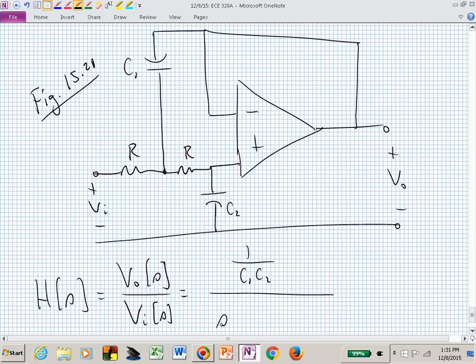The denominator is S squared plus 2 over C1 S plus 1 over C1 C2. And what happened to our resistors? I just went ahead and set those equal to 1. So now we have the ability to adjust these two coefficients in the denominator by the appropriate choice of our capacitors, C1 and C2.